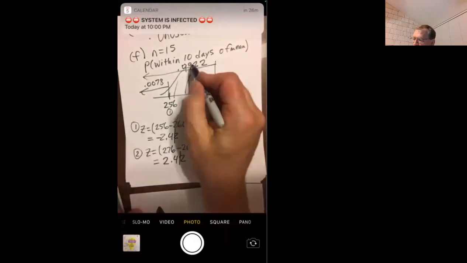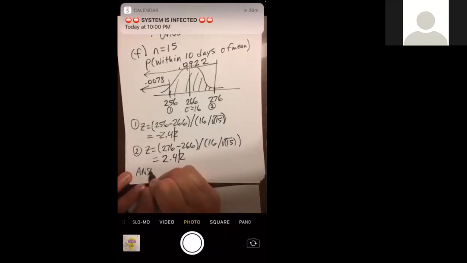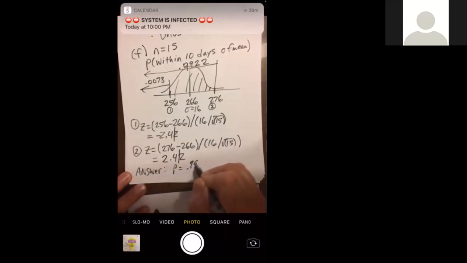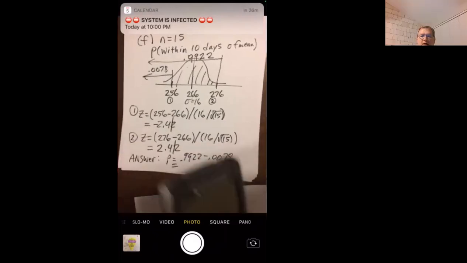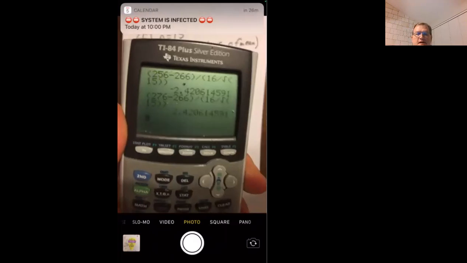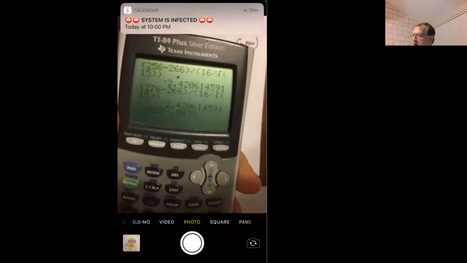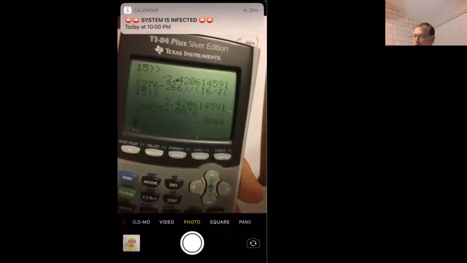So you remember what to do with both of these? Yes, you take 0.9922 minus 0.0078. That's right. There's no new tricks. 0.9922 minus 0.0078 is 0.9844.